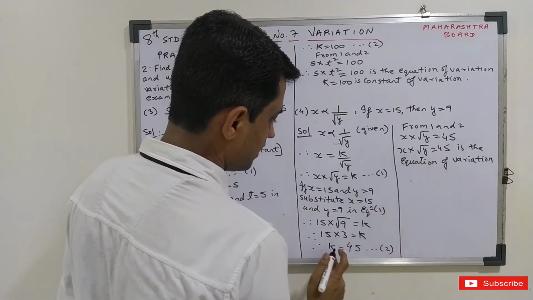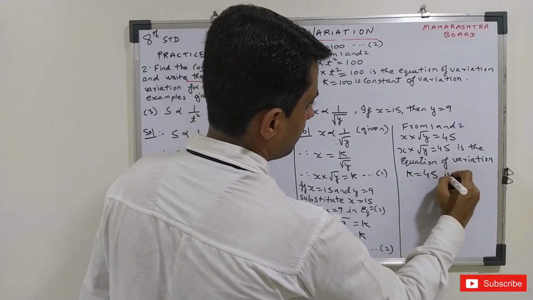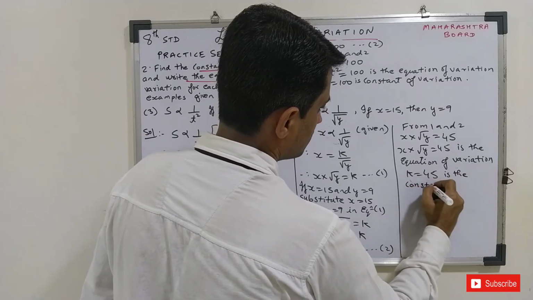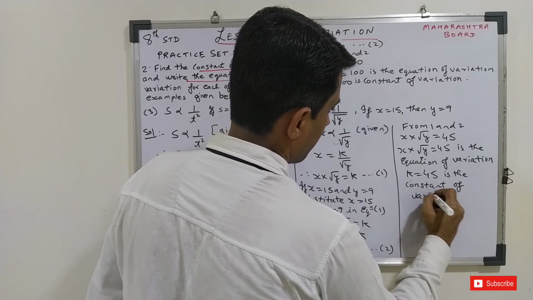And what is the constant of variation? 45. K is equal to 45 is the constant of variation.